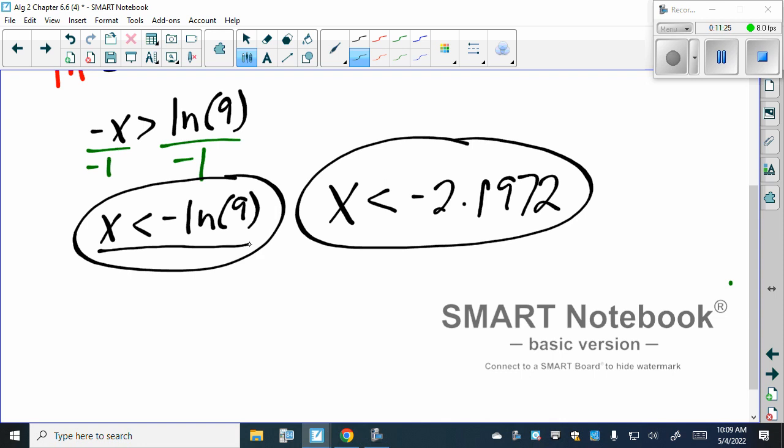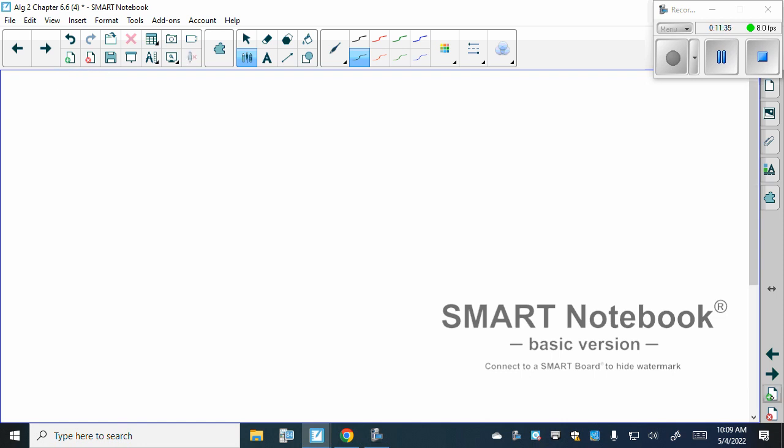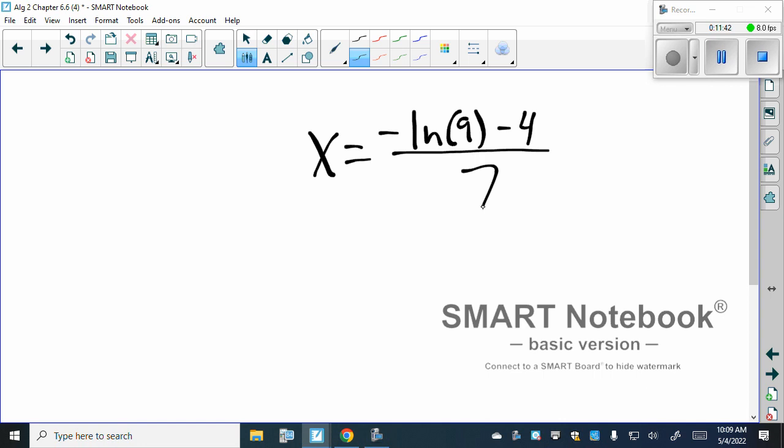Because if for some reason, this one here is not too bad, because you can do negative ln 9, enter, and it's fine. Some of the other ones, like we had the other day, where you get down to x is equal to negative ln of 9 minus 4 divided by 7, I just threw numbers up there.